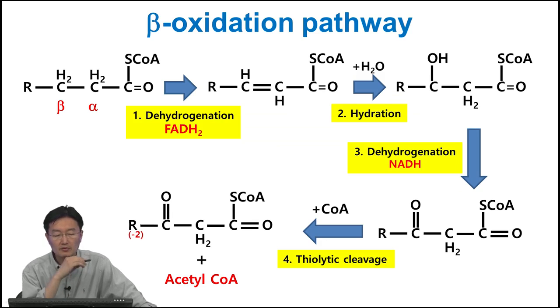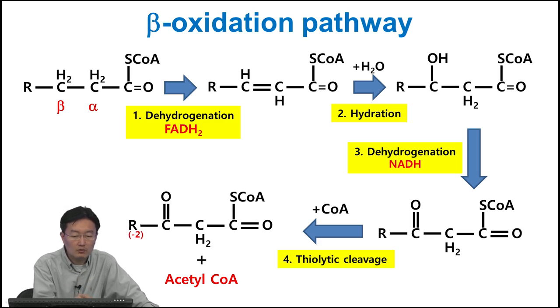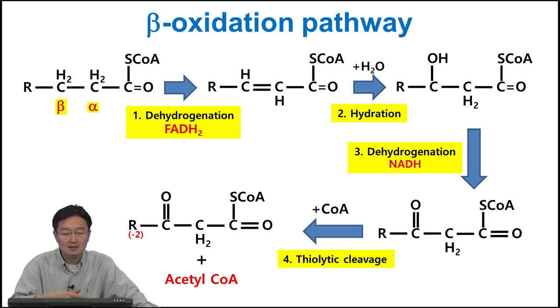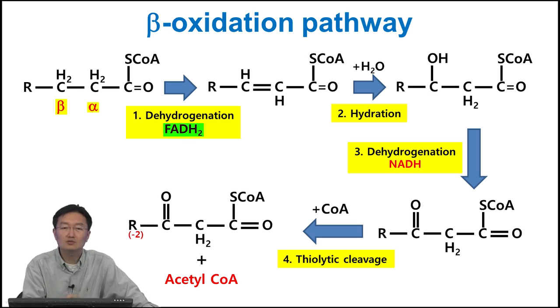So the beta oxidation pathway is like this. This pathway is composed of 4 steps. In particular, I want to explain why this is called beta oxidation. In the nomenclature of chemistry, the first carbon from the carboxylic group is the alpha carbon. The second carbon from the carboxylic group is called the beta carbon. So as you can imagine, the beta oxidation pathway means this beta carbon is continuously oxidized throughout this cycle. First, a dehydrogenation, that means oxidation, and one reduced FADH2 is produced.